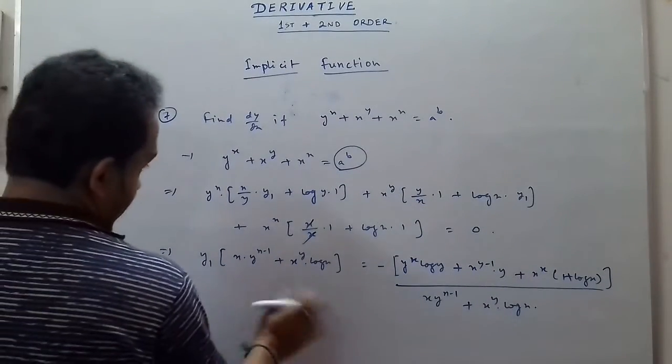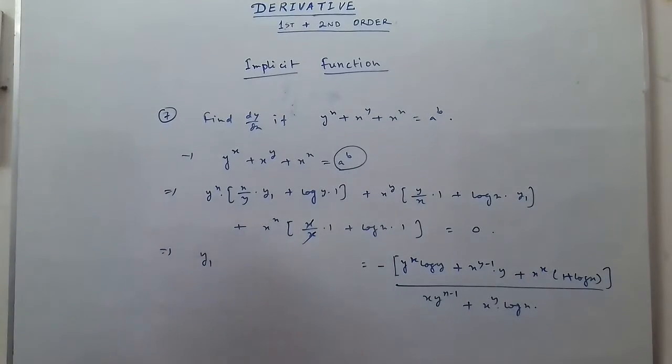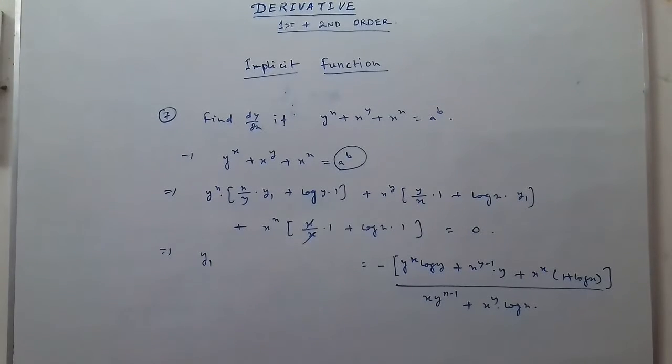This is equal to y1. In the second step we get this, therefore y1 is equal to dividing this, we get the result. This is problem 7.